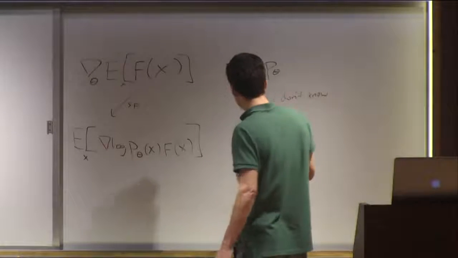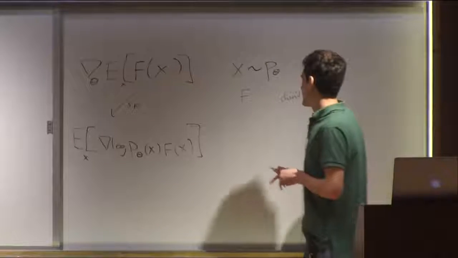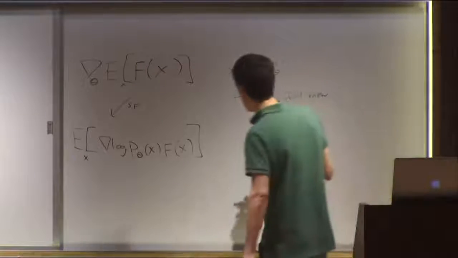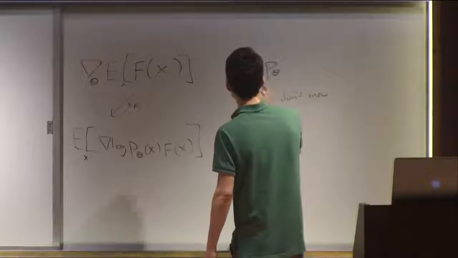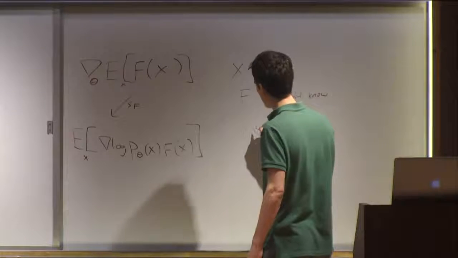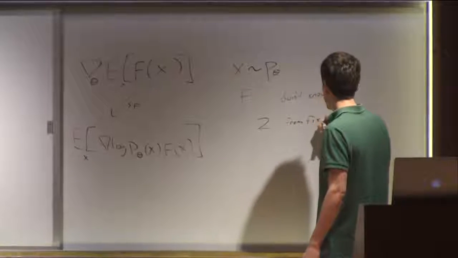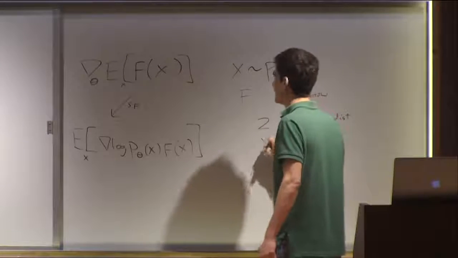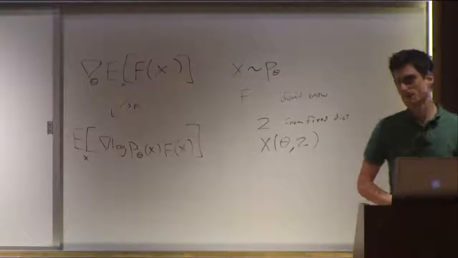So let's say x is a real number or a vector of real numbers, and p is a probability density function. Then in general, in non-pathological conditions, we can redefine this process in a different way, where we first sample a random variable z from a fixed distribution, and then we define x as some deterministic function of theta and z. And this is what you do numerically.